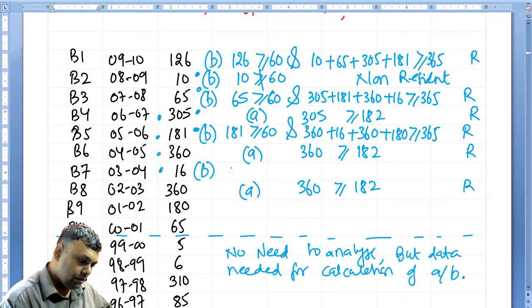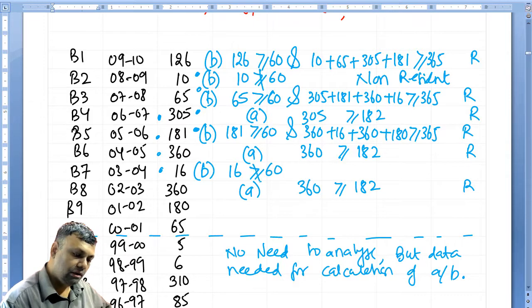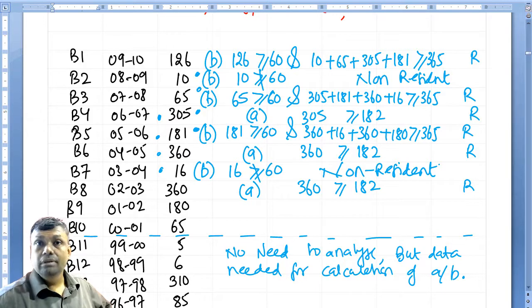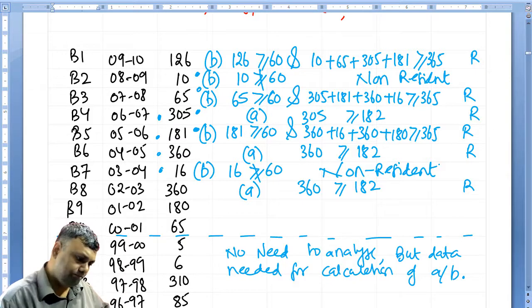Then 16 number of days should be greater than or equal to 60 but it is not greater. So you are non-resident. I'll tell you another tip also. In any situation, if your number of days stays less than 60, you can straight away jump to the conclusion that you are non-resident because you stayed in India only for less than 60 days. So that's a shortcut way of understanding this subject.